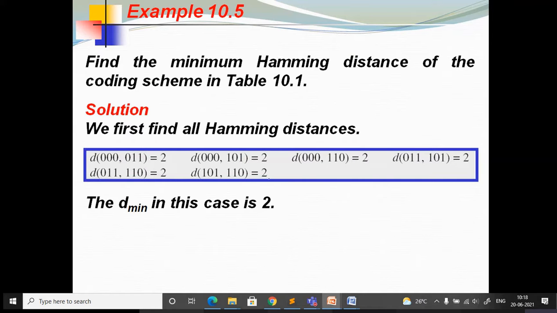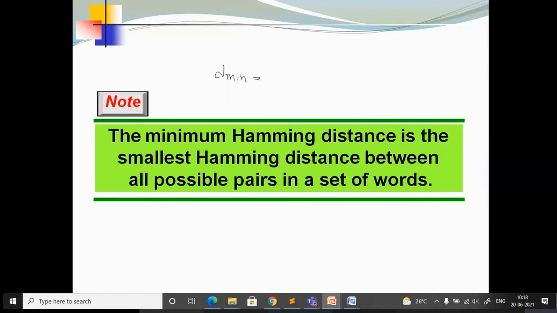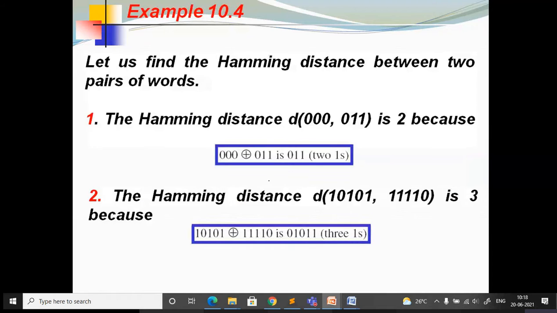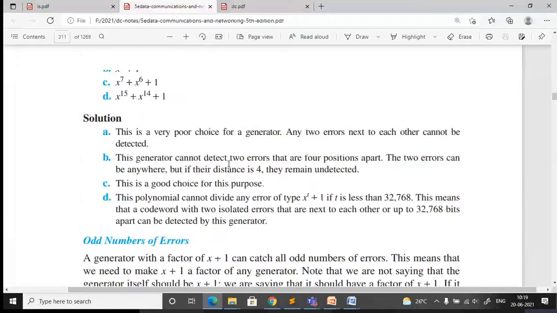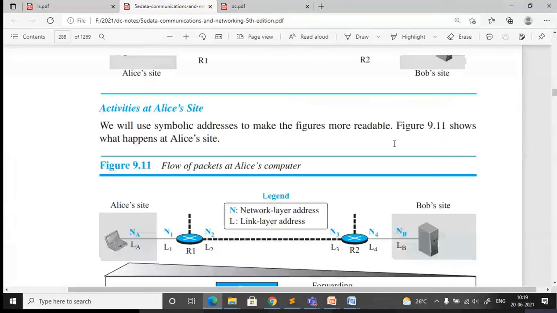Okay, so this is based on table 10.1. Let me just go to the textbook and show you table 10.1, just to save my time.